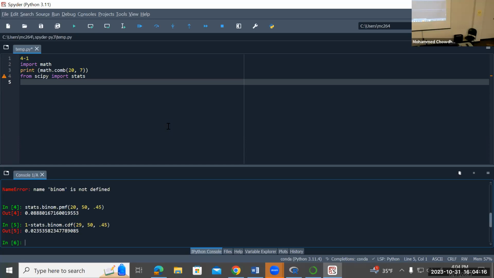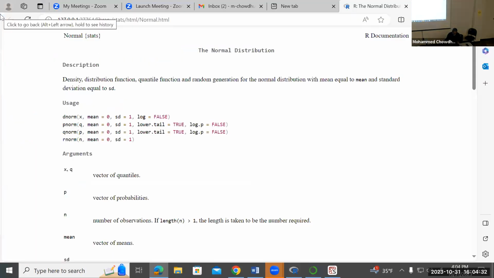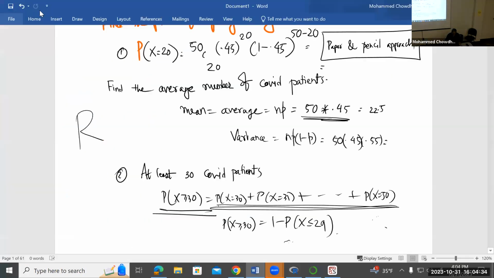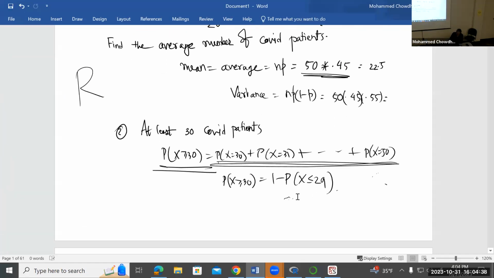And then I took you to another real life example of COVID patients, and I have computed the probability by using Python as well as by paper and pencil approach. So you are okay, right? So now let me do another one.